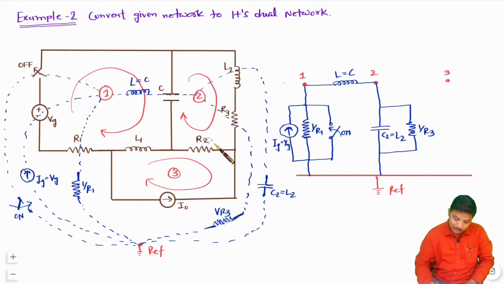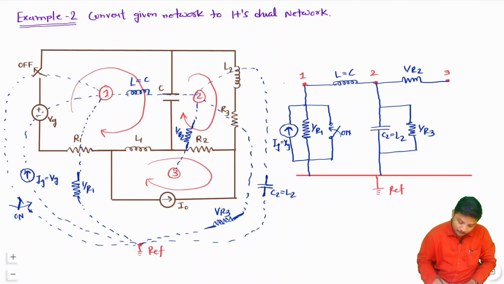Now you see this R2, which is there between 3 and 2, right? I need to connect its dual between 3 and 2, and its value will be 1 by R2. So between 2 and 3 we have transconductance G2, that is 1 by R2.